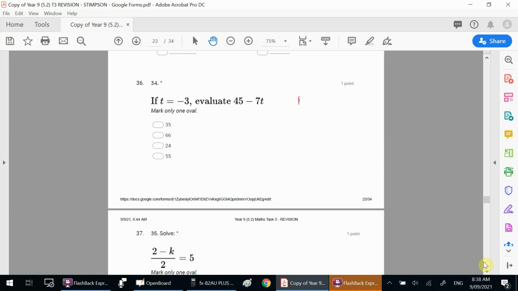Well, that means 45 minus 7 times minus 3. If t is minus 3, okay, 7 times minus 3 is minus 21. Then we've got a minus of a minus, which is a plus. So we've got to add them. That makes 66.